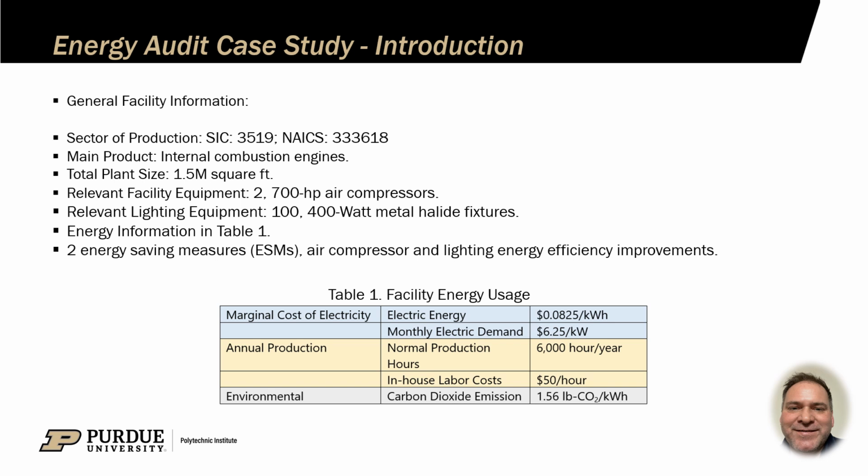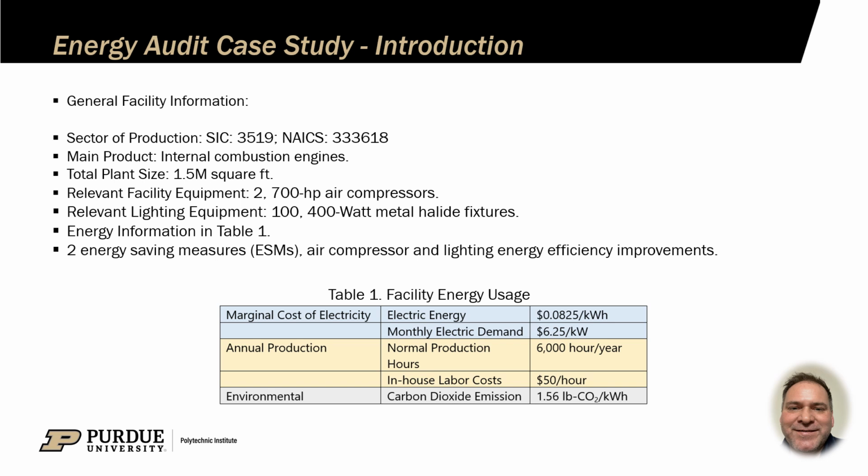And of course, there are regional influences related to demand as far as electric energy is concerned. We're looking here at about 8.25 cents per kilowatt hour as the tariff of electric energy, and a monthly electric demand of 6.25 kilowatts, and that is a peak demand.